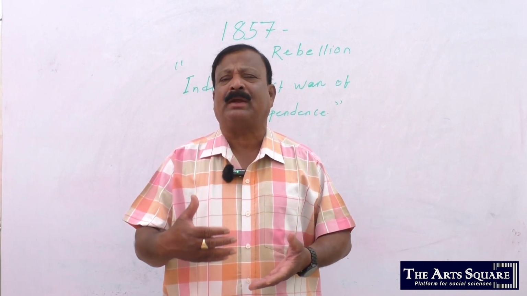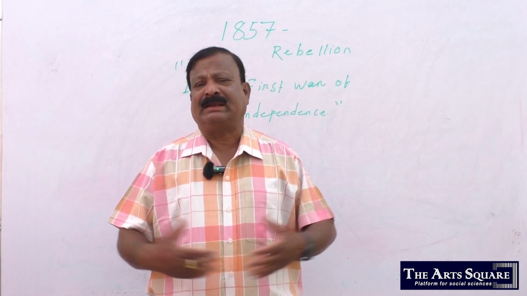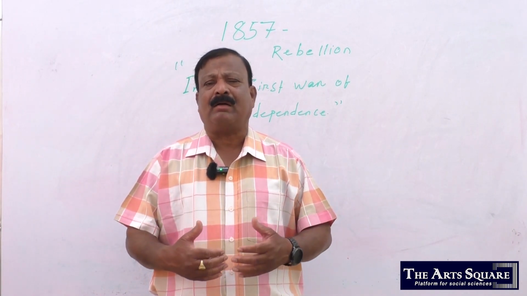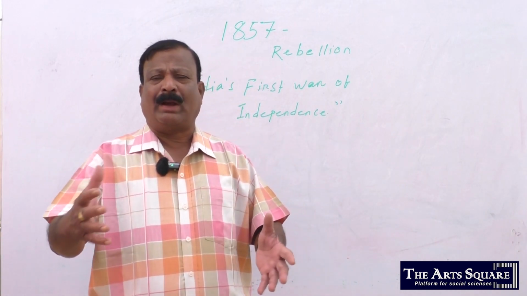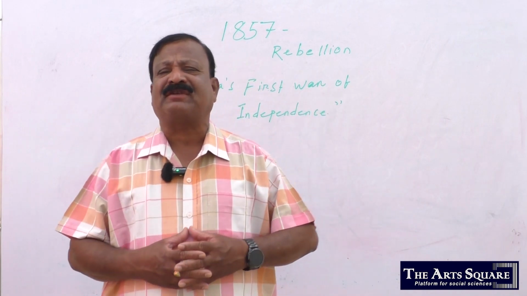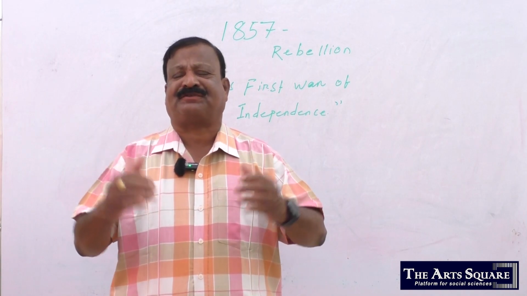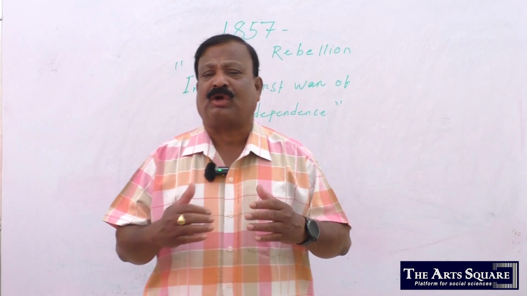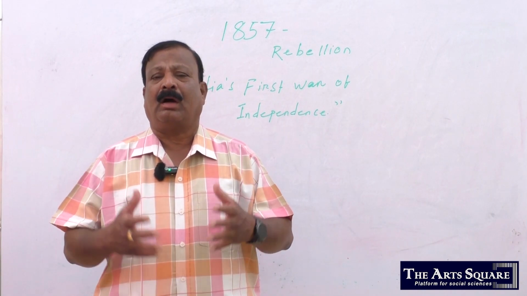And when the revolution came forward, the entire people joined together. Raja, Maharaja, Zamindar, common man, all the people assembled together, and the revolution became a mass revolution, where the nationalistic spirit was completely on the road.